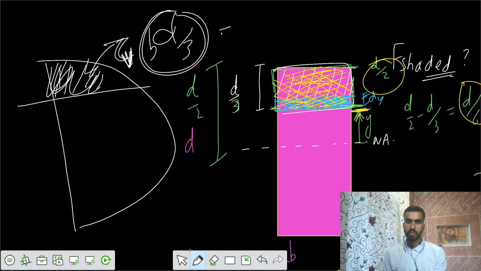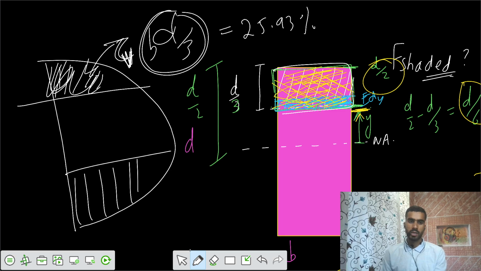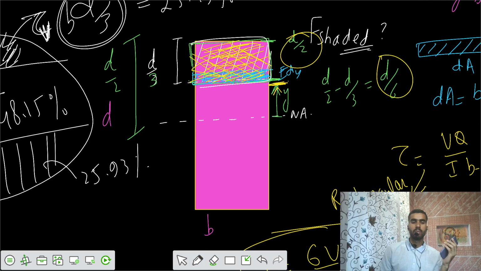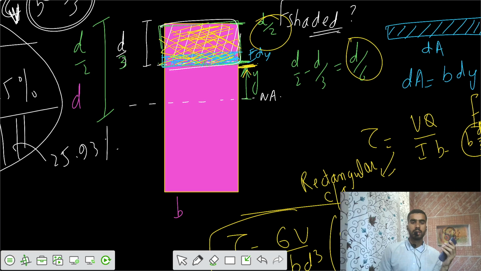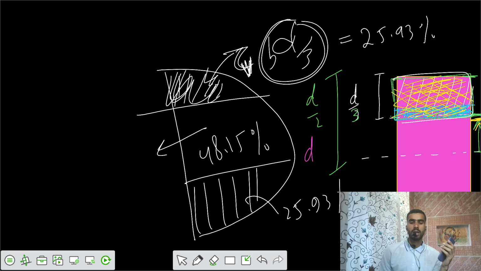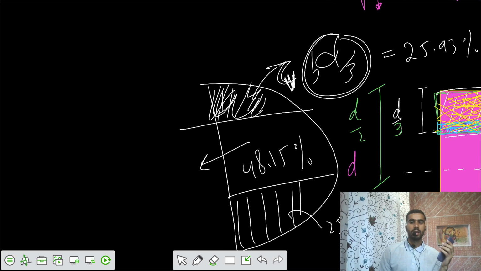This part resists some percentage of the shear force, that is 25.93%, and this part also resists similarly 25.93%. That means the middle third part resists 48.15%. That's more, almost twice with respect to the upper and bottom parts. So that means shear stress is dominant in the middle part, or in the mid section.